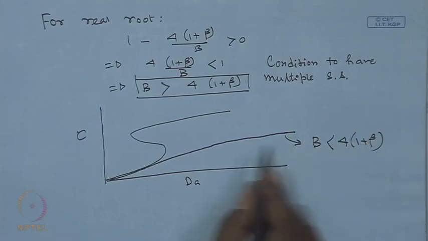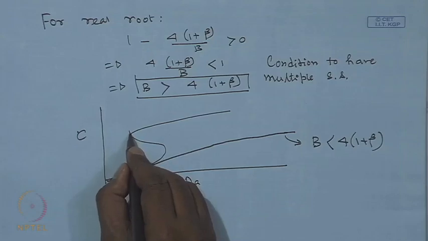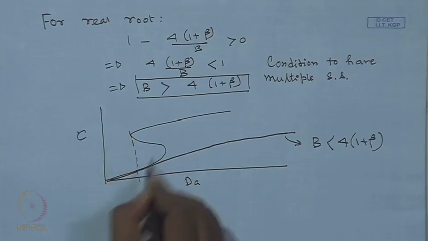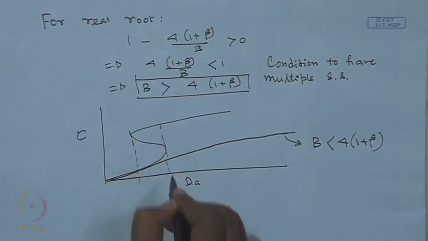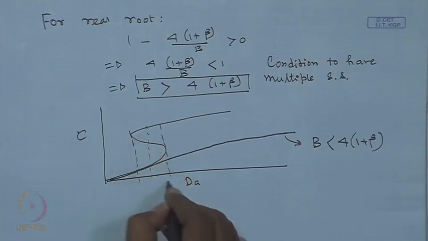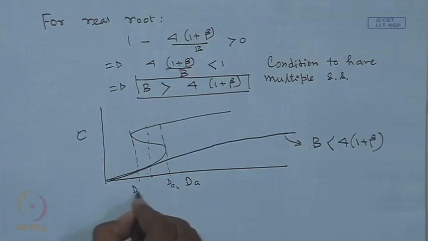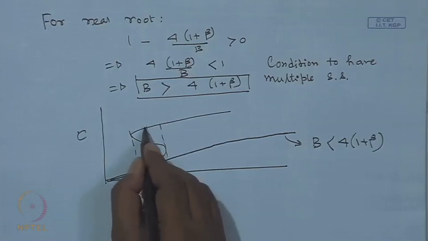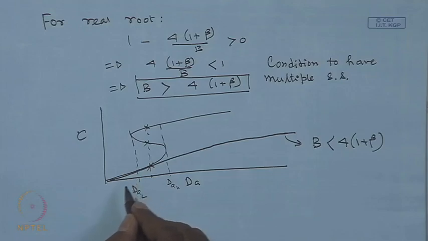On the other hand, for any Damkohler number between dA upper and dA lower, there will be 3 steady states, or multiple steady state, existing for this problem.